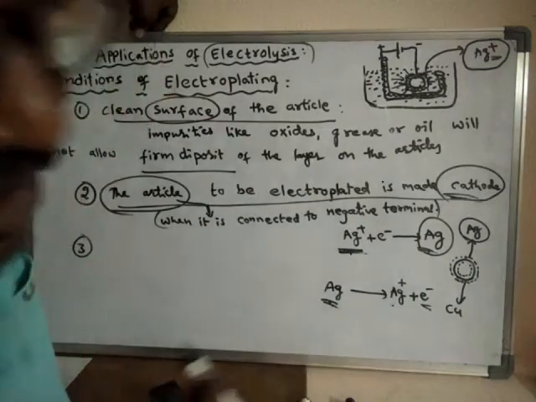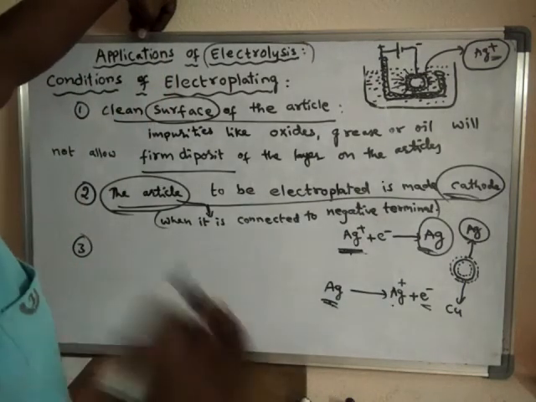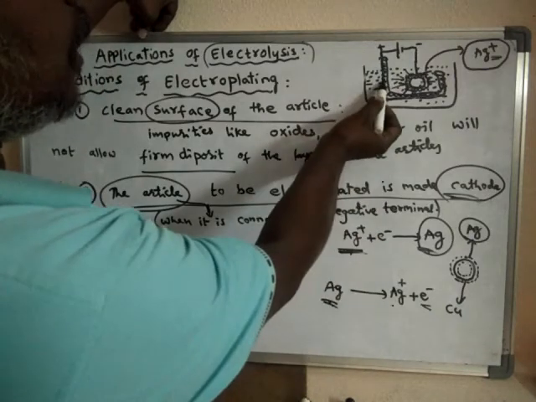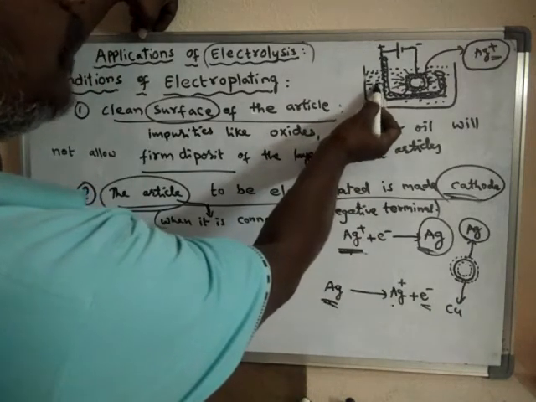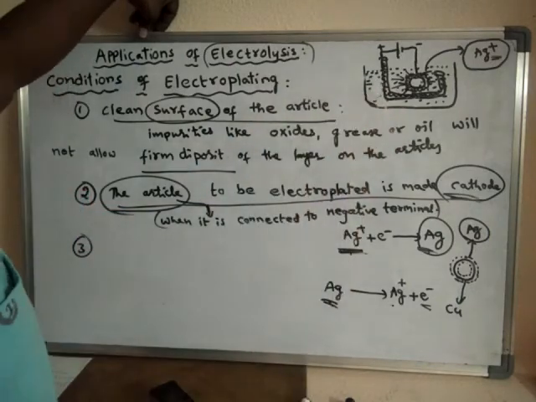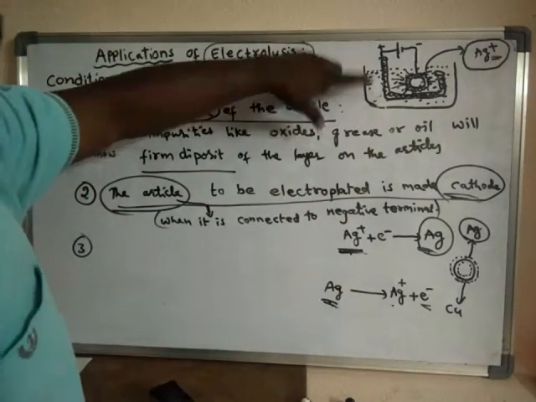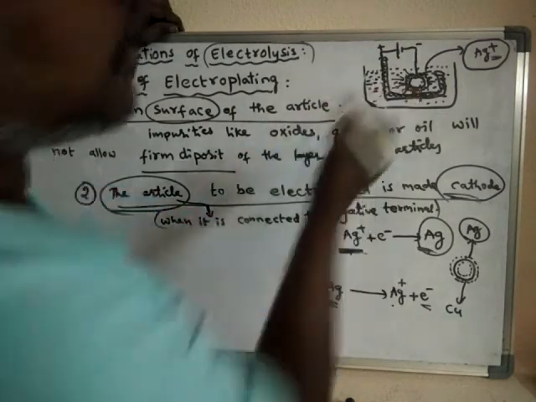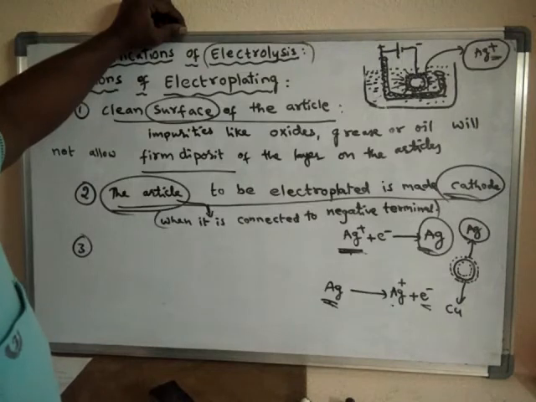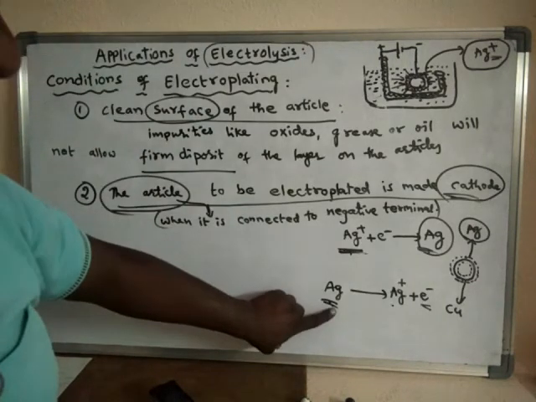Now this silver ion is not a metal, it is simply an ion. As it is an ion, it will get separated from the anode and enter into the solution. So in this way, the solution will get silver ions from the anode, because the anode is made up of silver metal.